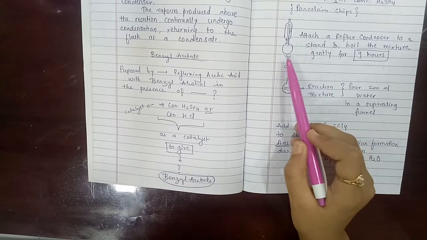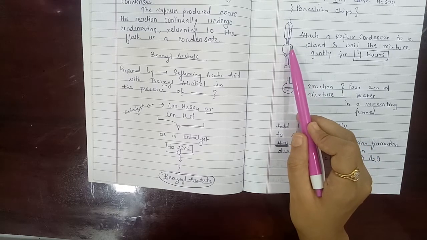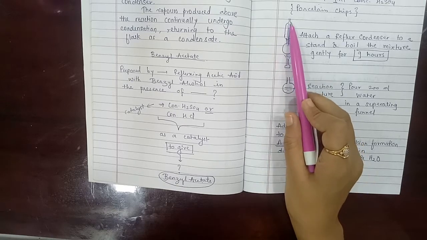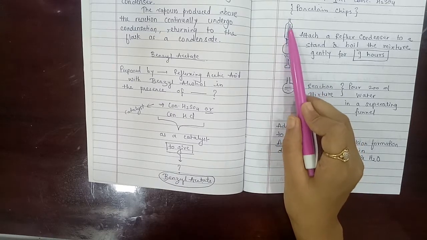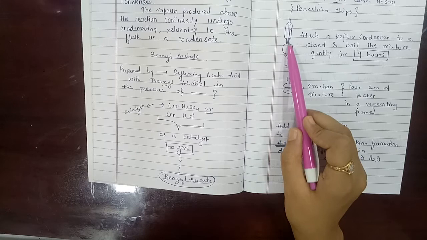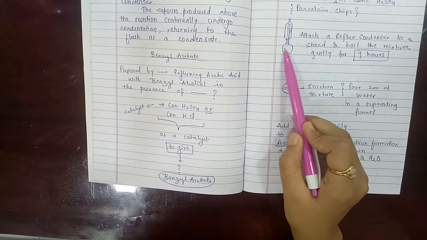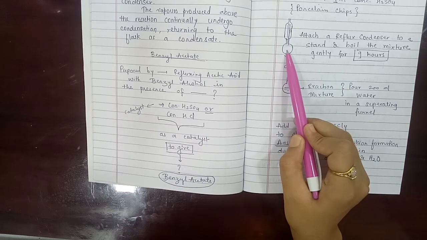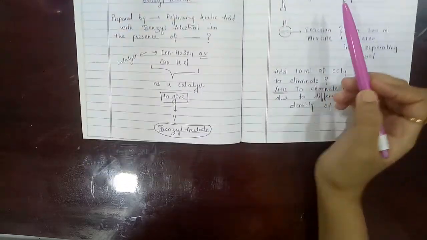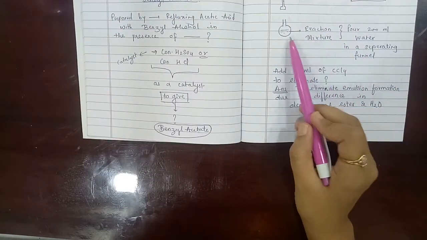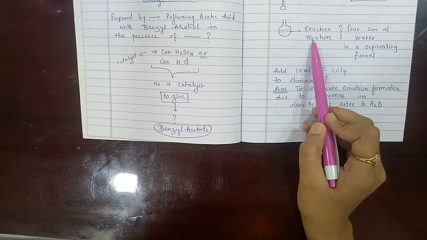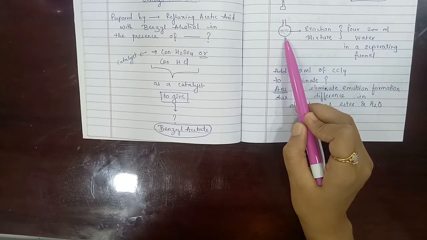So you have to assemble this with the condenser in standing position attached to the RBF, and here your reaction will be carried out. After a specific time you will get the reaction mixture condensate in this RBF itself.